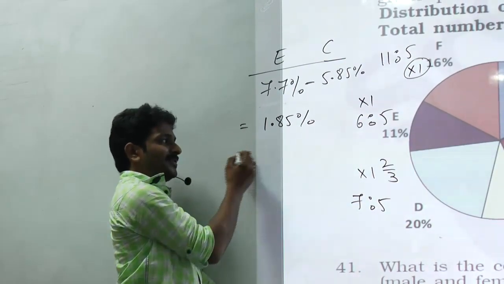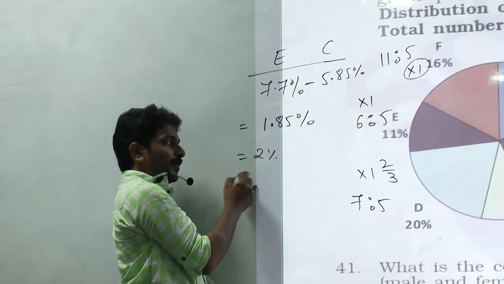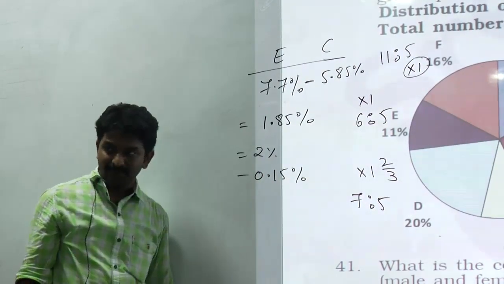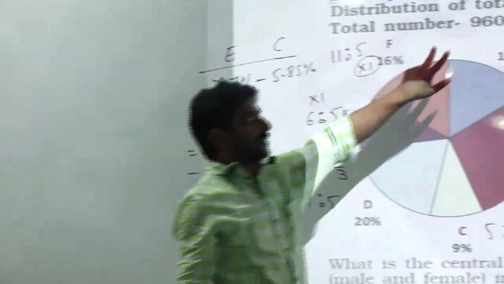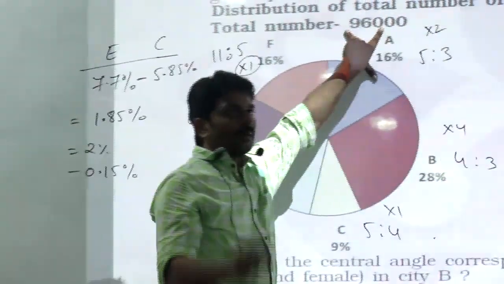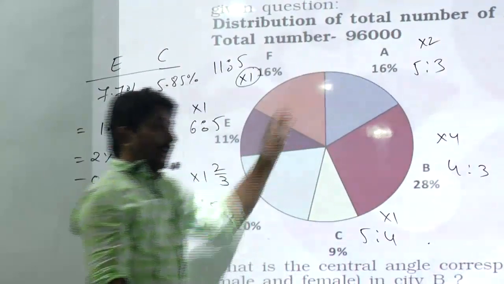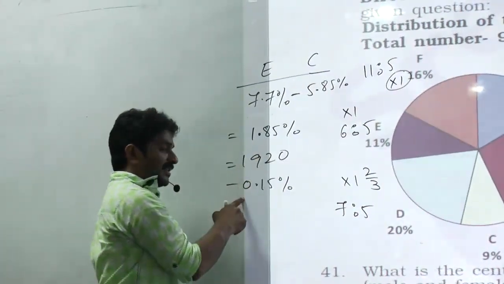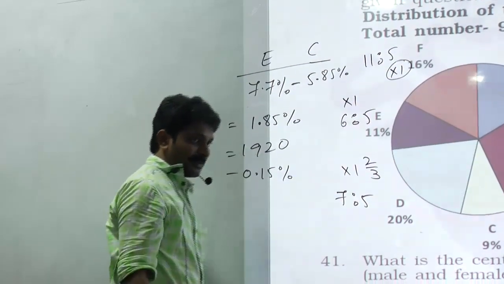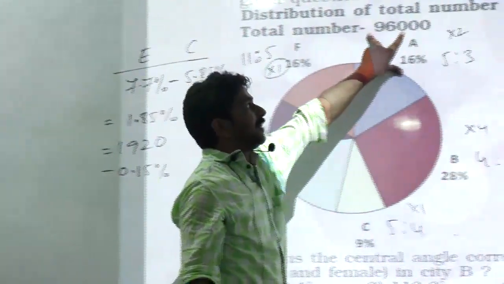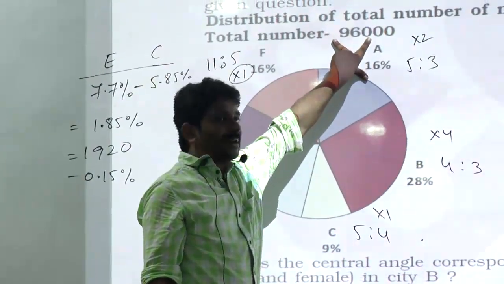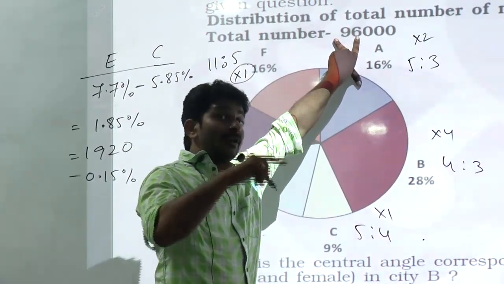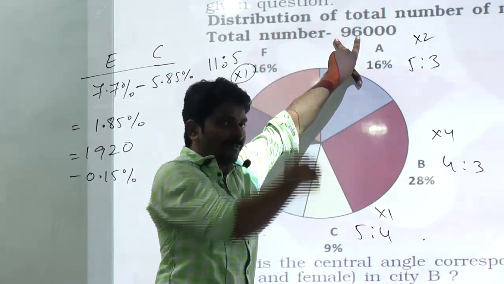And you need to calculate this. How will you get this? 2% minus 0.15%. Is it clear? Now, what is 1%? 2%? 1920. So 2% is 1920 minus 0.15%. Now what is 1%? 960. 0.1%? 96. 0.05%, half of 96.